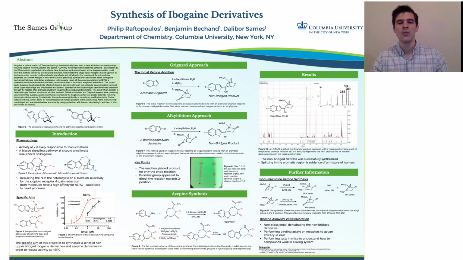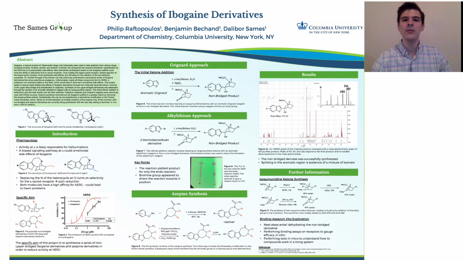Another way we thought this could reduce the activity at hERG was by removing the isoquinoline core altogether and simply creating an azapine ring. Obviously, this compound wouldn't need to capitalize on potency differences because it has the isoquinoline core removed altogether and will be unlikely to bind at hERG.